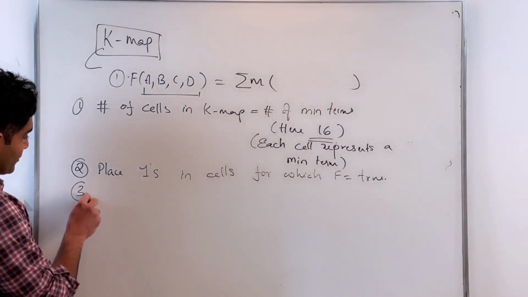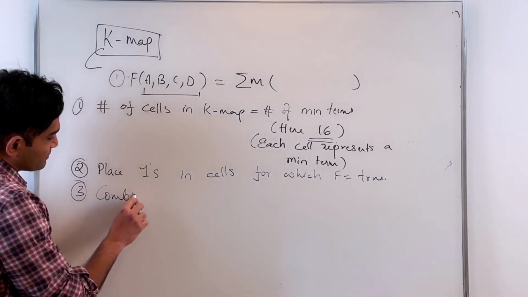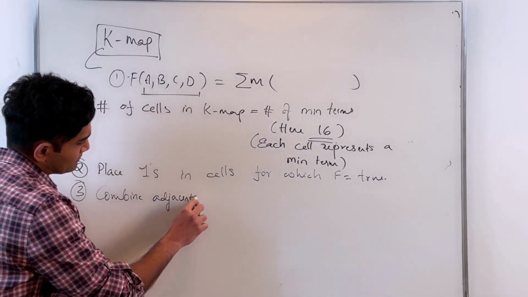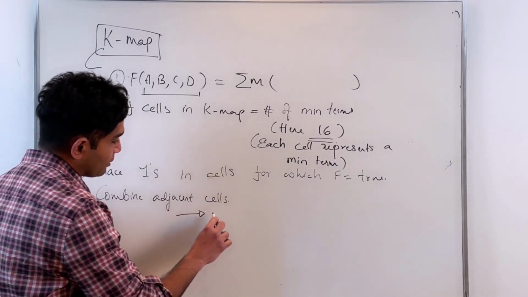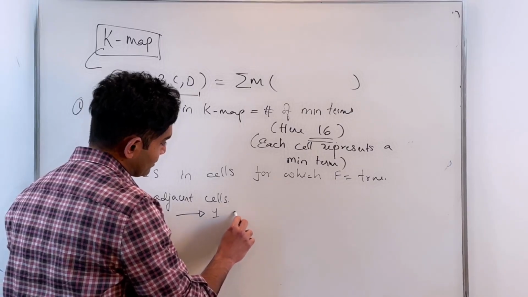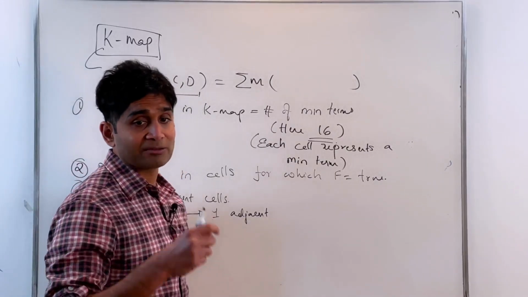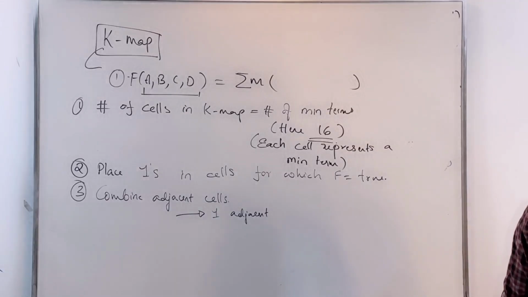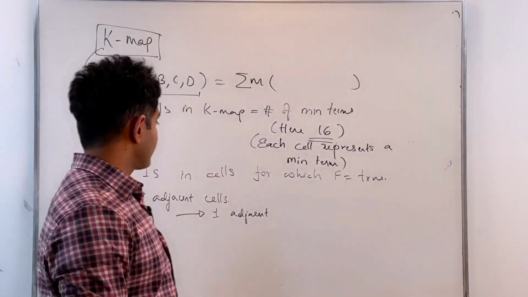The third step is, now you combine adjacent cells. In this case, you could have a cell that is isolated. I cannot combine that cell with any other cell, so I would basically keep it and combine it as itself.